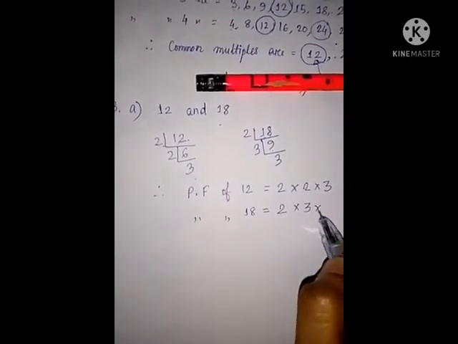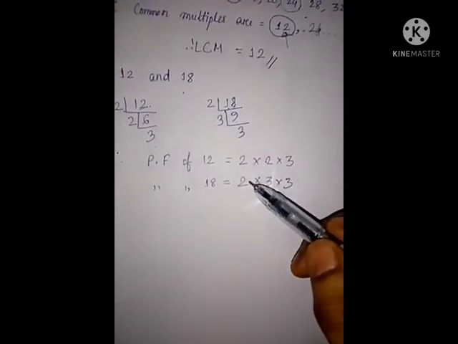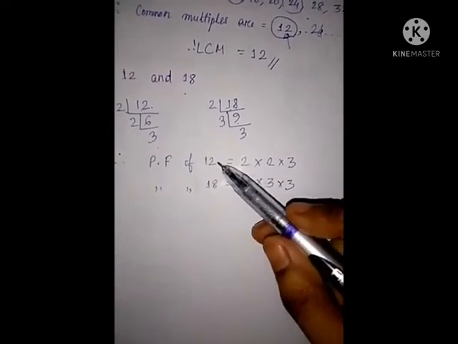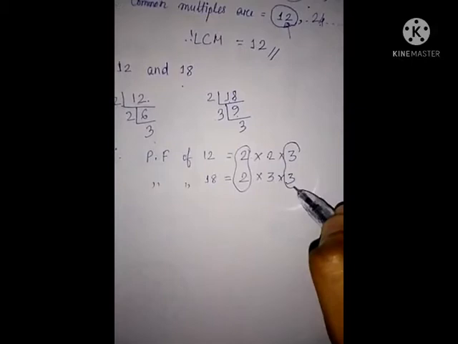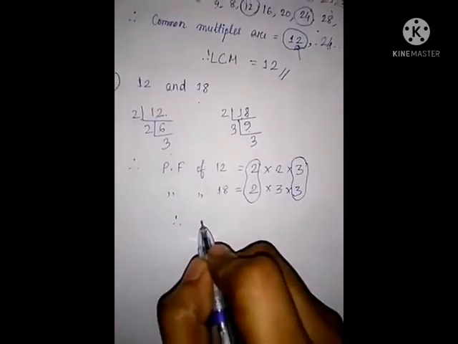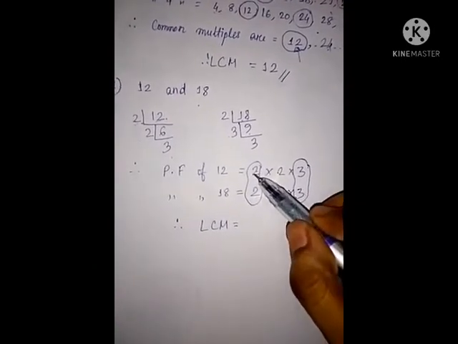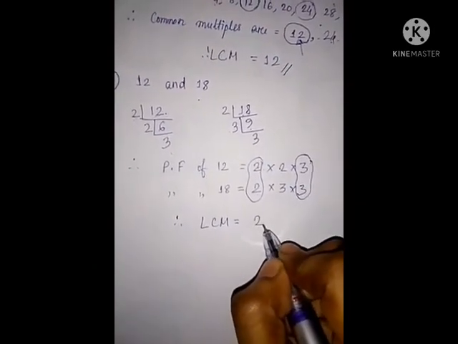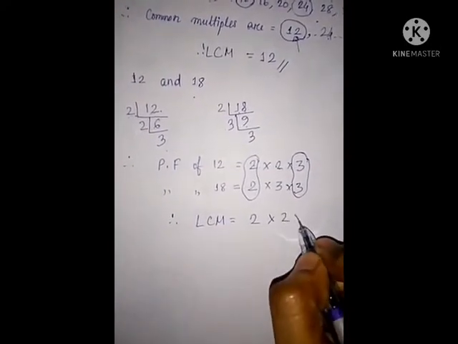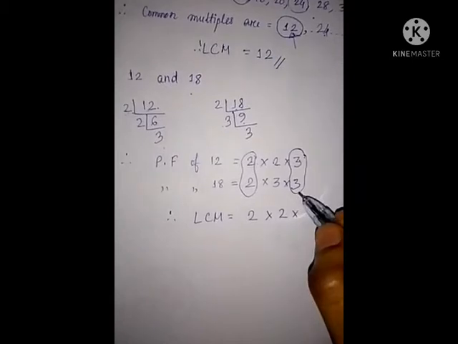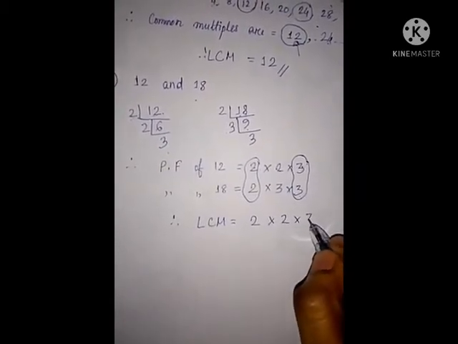Okay. See, which are the prime numbers common in both these two numbers? 2 is common and 3 is also common. Therefore, LCM is equal to, between these two, we will take only one 2. 2 and 3. 3 is common in both the numbers, so we will take only one 3.